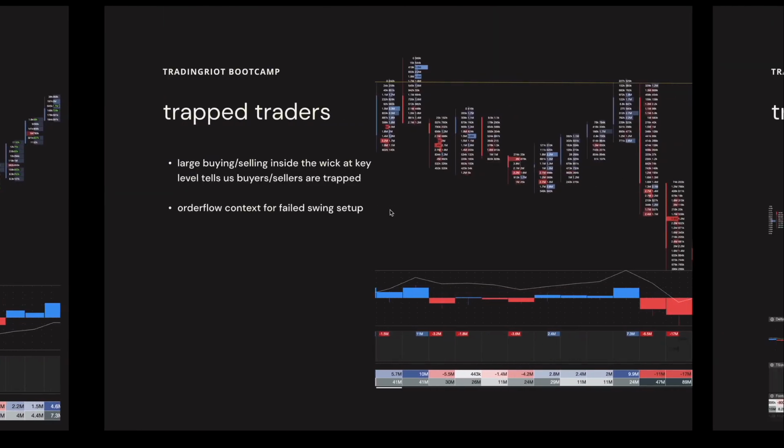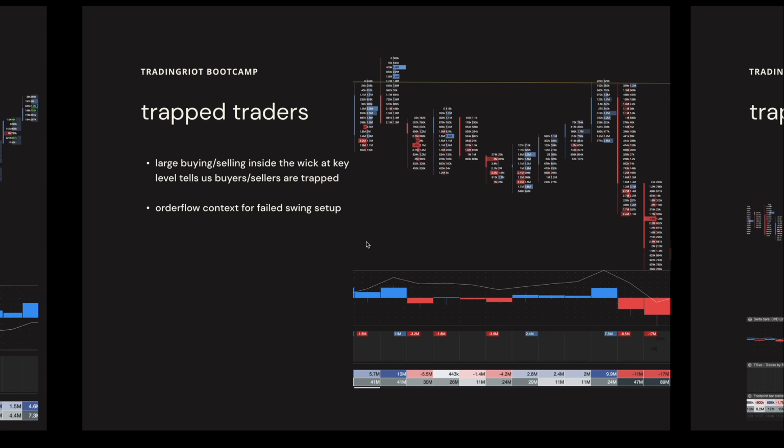The setup of the trapped traders, the failed swing, is one of the key things you will be looking at on the footprint, and it's actually extremely simple. This is, like I said, the order flow context for a failed swing setup.